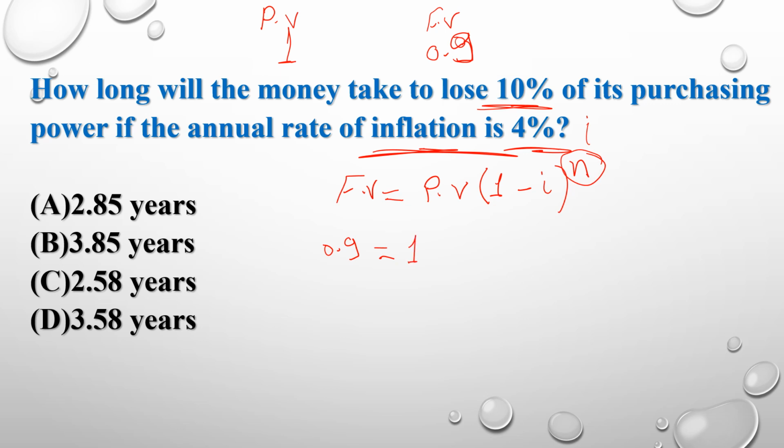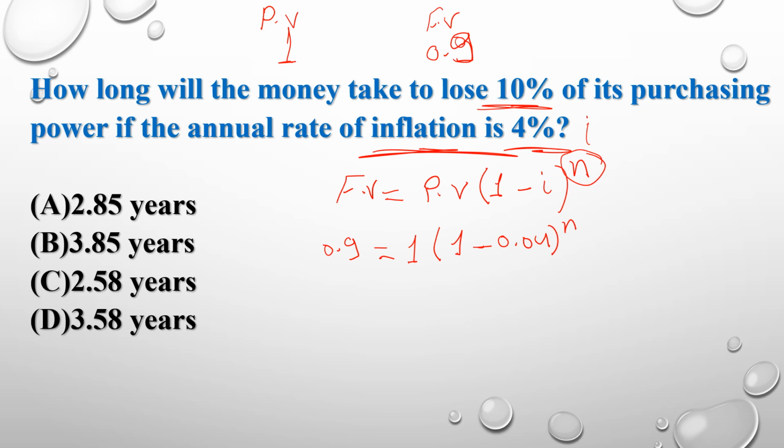The future value will become 0.9, as the money will lose 10%, and the present value equals 1. We can suppose that the $1 now will become 0.9 after a year because of the inflation rate. So 0.9 equals 1 times (1 minus i), and i here, the inflation rate, equals 4%, all power n, and we don't know n, we need to find n.